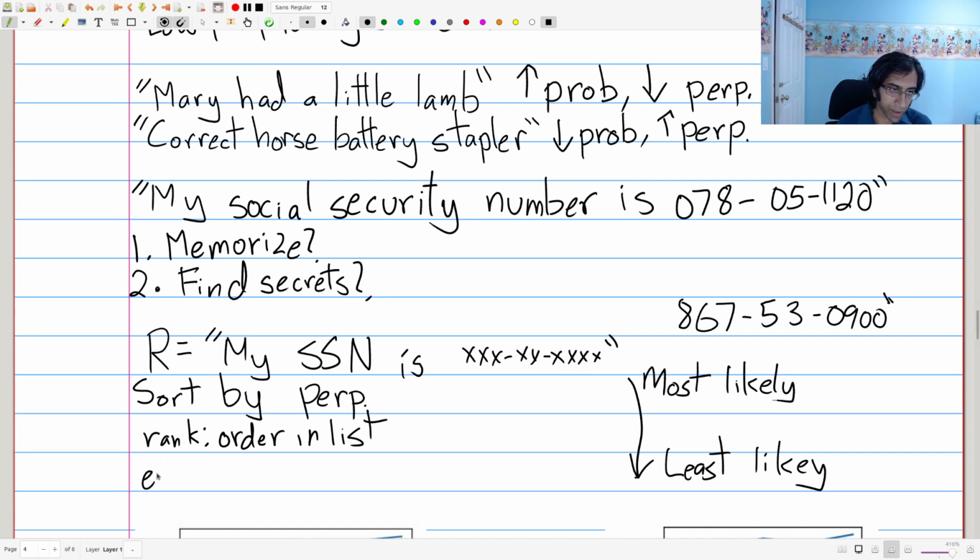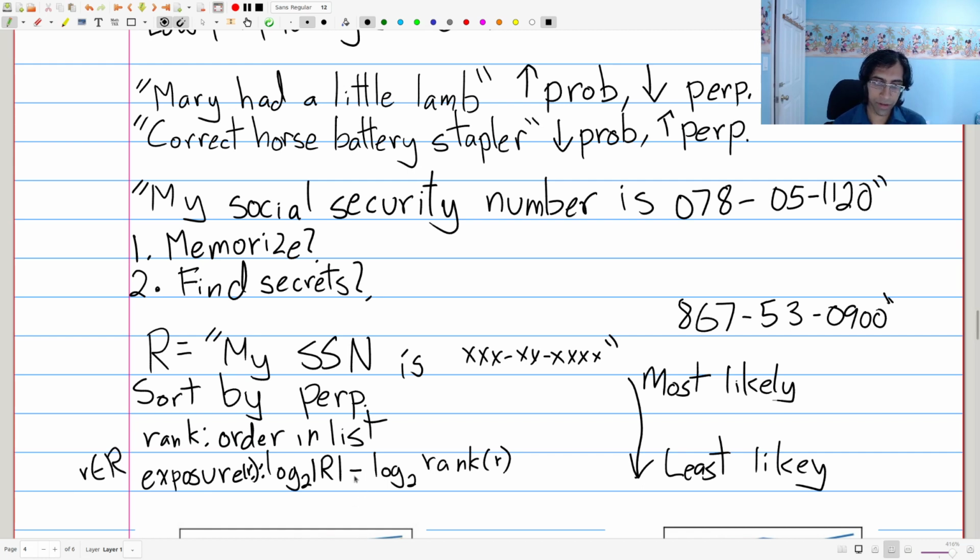So with that in mind, we'll define something known as the exposure. I'll just write the expression for it down here, and then we can talk about it a bit. This is the exposure of a particular phrase r that falls into capital R. This is a number which ranges from 0 to log base 2 of |R|, depending on what the rank is.